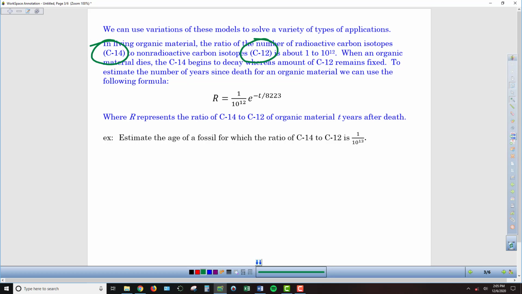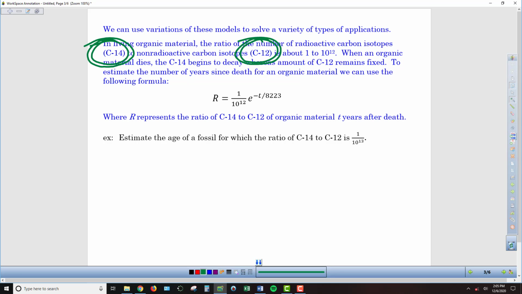Those are continuously replenished in organic material as it lives. But once it dies, the carbon-12 stays static, whereas the carbon-14 begins to decay. So as it decays, there's less of it while the carbon-12 stays stable.